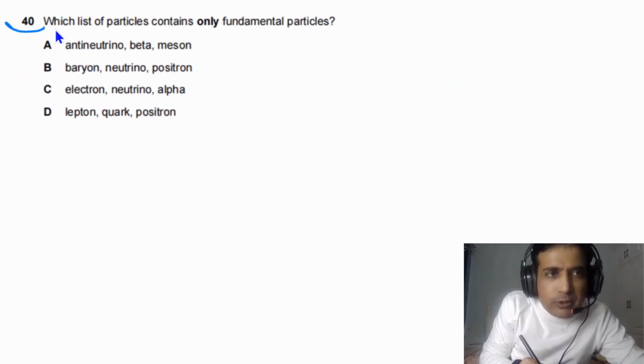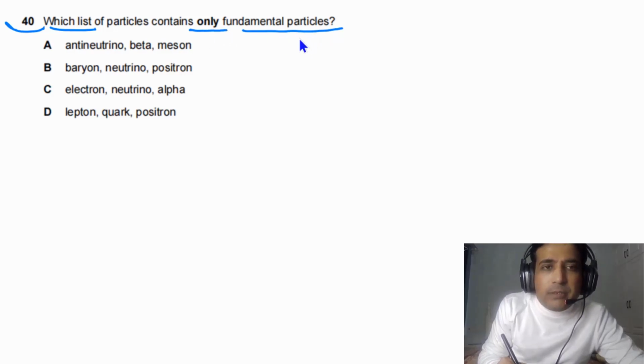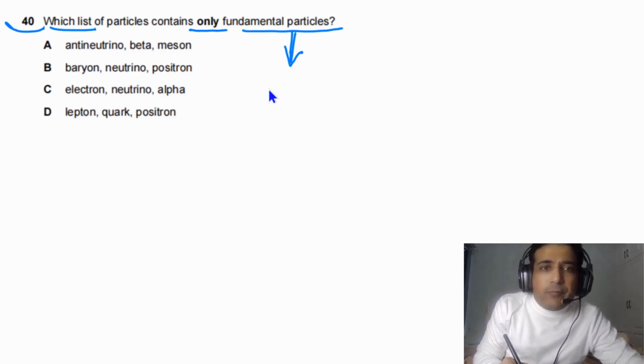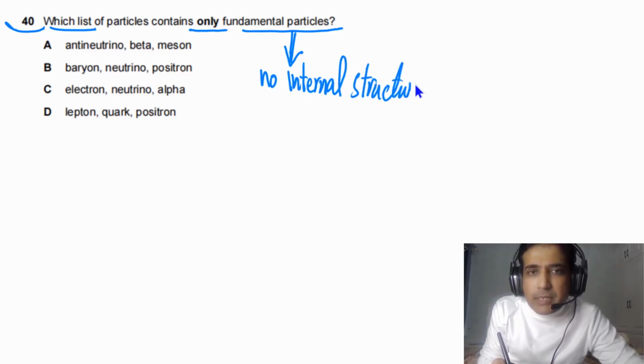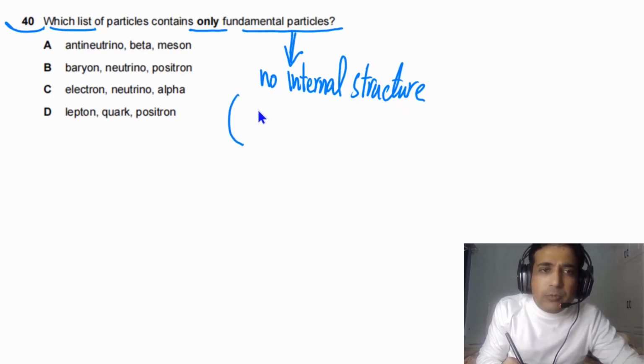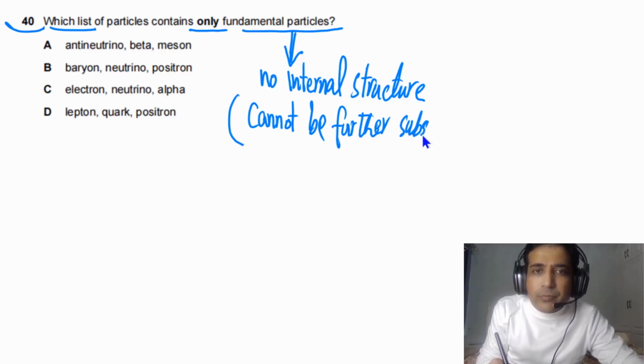For question number 40, we need to find out which list of particles contains only fundamental particles. First of all, let's try to understand what fundamental particles are. Fundamental particles simply means that the particle has no internal structure, or simply we can say it cannot be further subdivided.